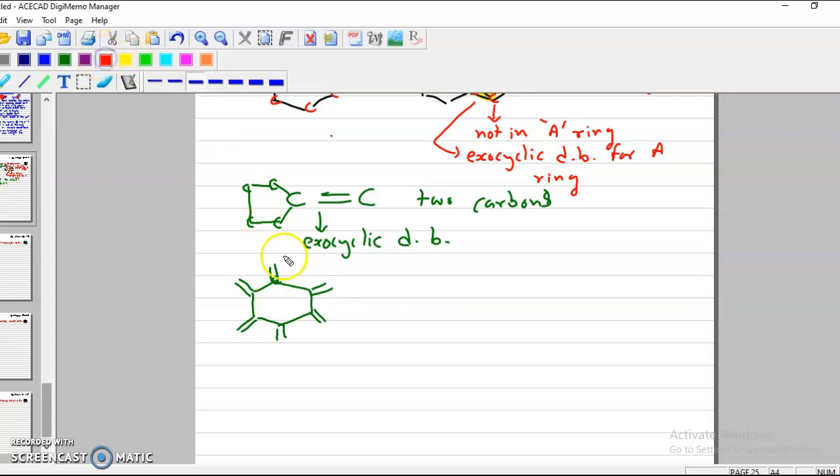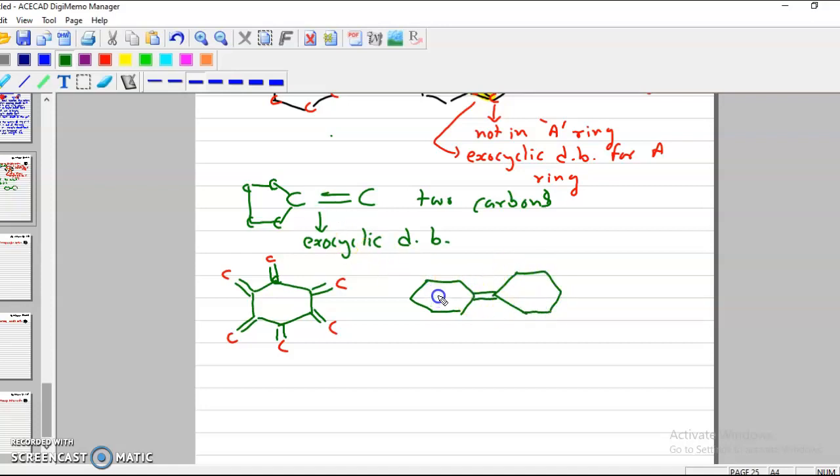So all these carbons which remain outside the ring are considered to be exocyclic for them. That is why this bond is an exocyclic double bond. Well, there are various possibilities of exocyclic double bond you may come across when you are doing some numericals.